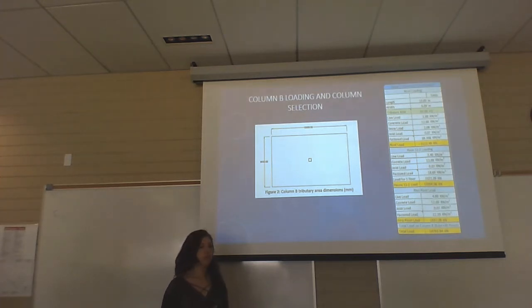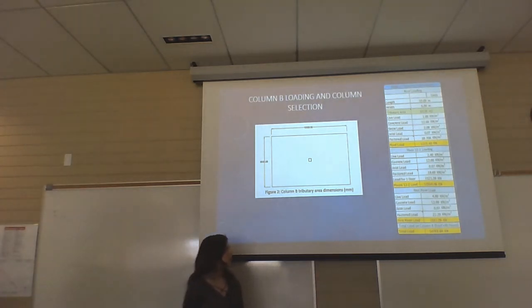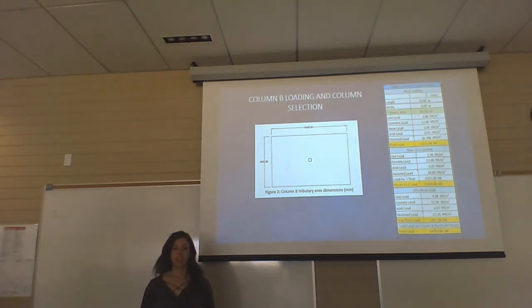The first floor was analyzed separately because it has a live load of 4.8, while the other floors have a live load of 2.4, and those are all found in the building code. So once we found all those loads, we added them together and got our total load. And that can be used to find the required inertia for the column that we're going to choose.